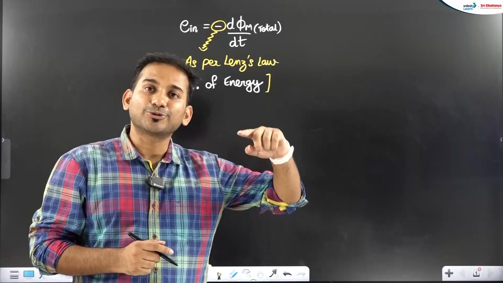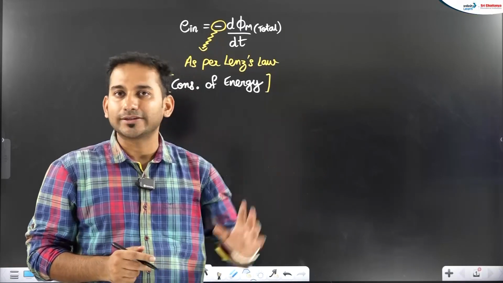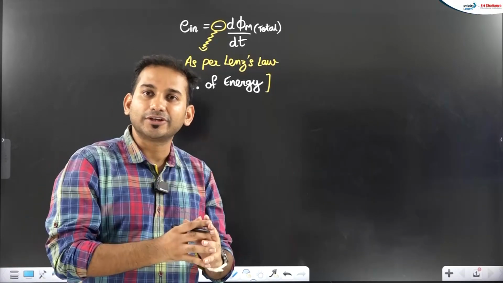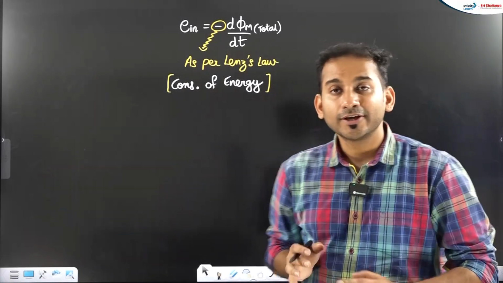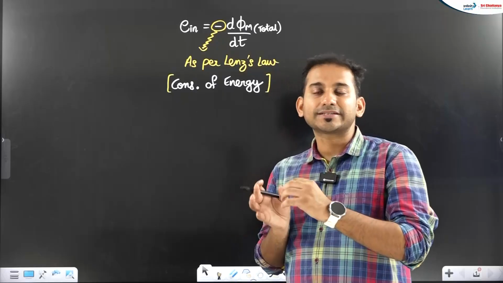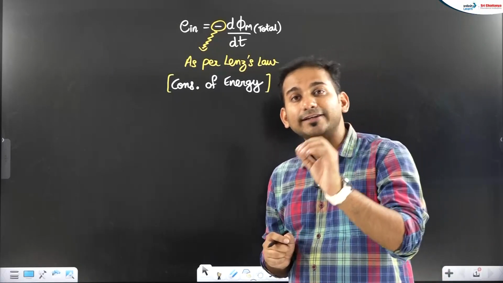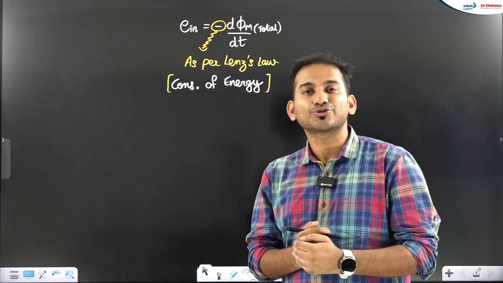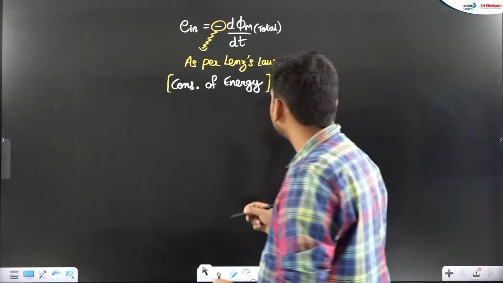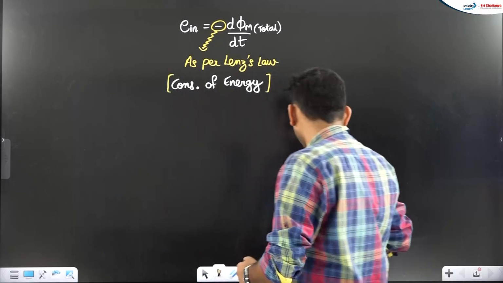And if we are talking about closed loops, closed coils, then definitely because of an induced EMF, there will be an induced current. So Lenz law basically tells you the direction or polarity of induced EMF as well as induced current, if it flows.